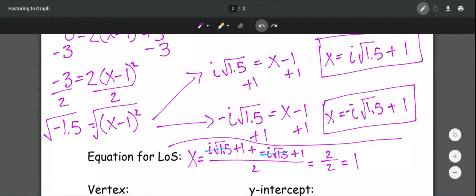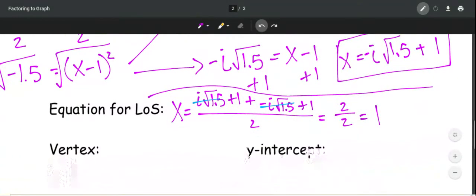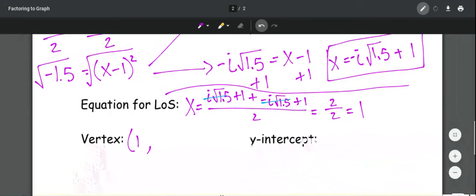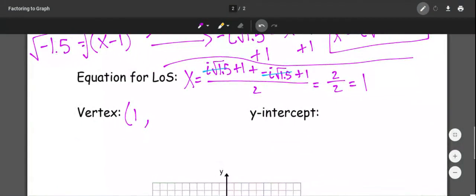When I add them together for my line of symmetry, I get a positive and negative of the exact same thing. When that happens, it adds up to a 0. So what you're left with is 1 plus 1, which is 2. 2 divided by 2 is 1. So your vertex starts with 1. That's your x value.